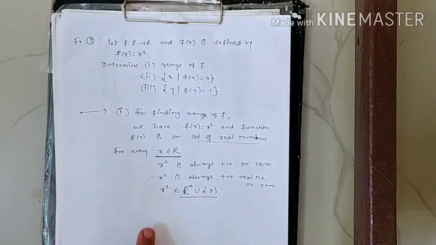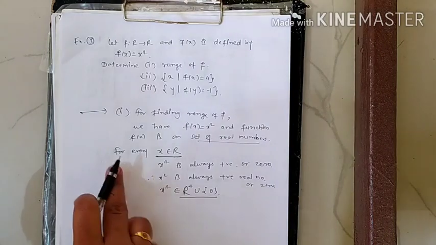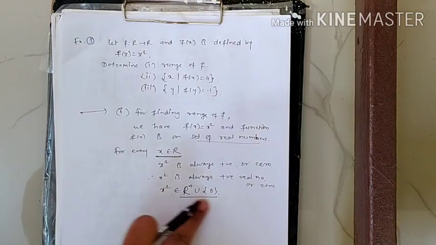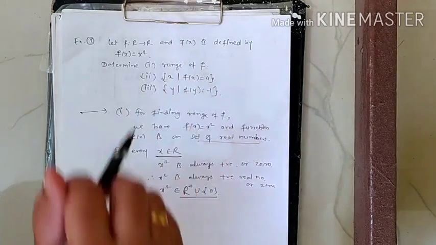Because at x equals to 0 we have x square 0, so we have to consider that also, because we should not forget the origin. At the origin, what will be the image of the given element. So for every x we have x square belongs to R plus. So what is the range of f then?